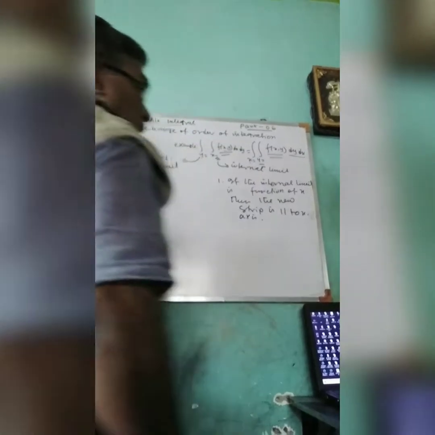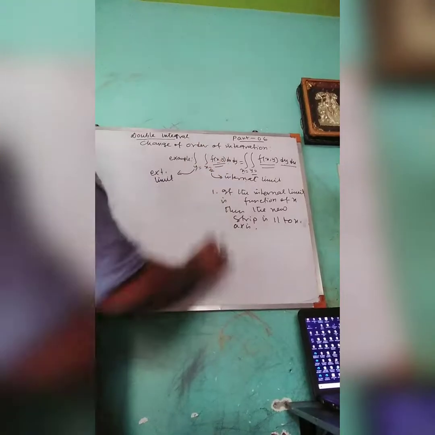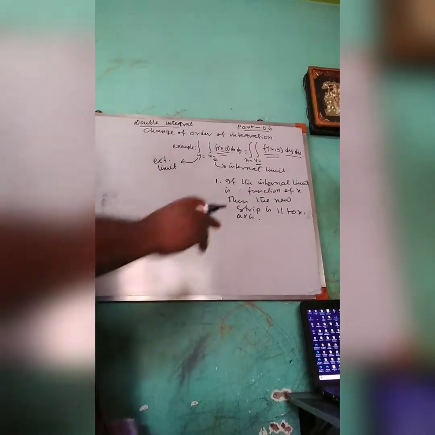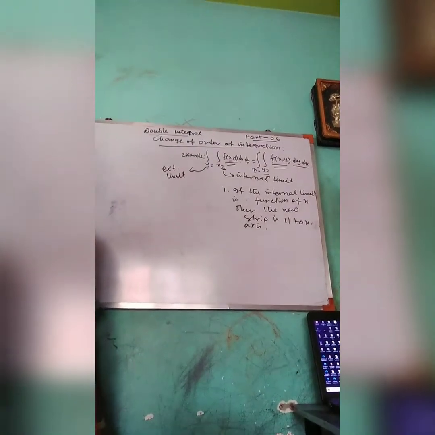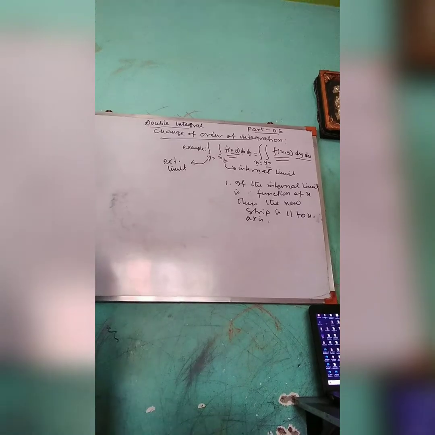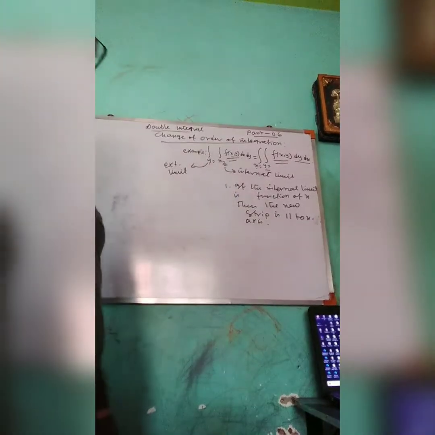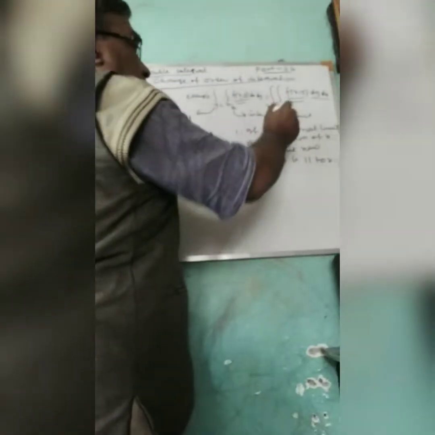This is very important. From the given limits, we have to draw a rough sketch. Without a rough sketch, you can't do change of order of integration. So first, from the given limits, do a rough sketch. Then, if the internal limit is a function of x, the new strip is parallel to the x-axis.